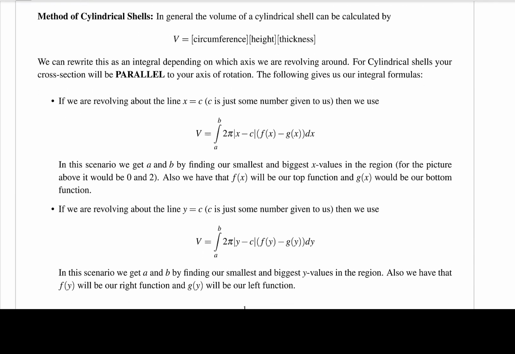Okay, so now let's talk about this. For the method of cylindrical shells, we calculate our volume by setting volume equal to circumference times height times thickness, right? And we can rewrite this as an integral depending on which axis we are revolving around.